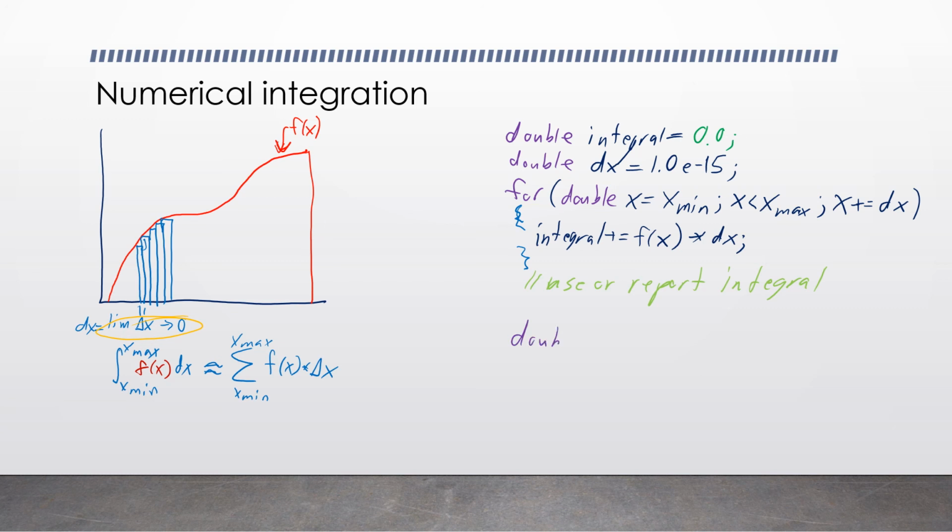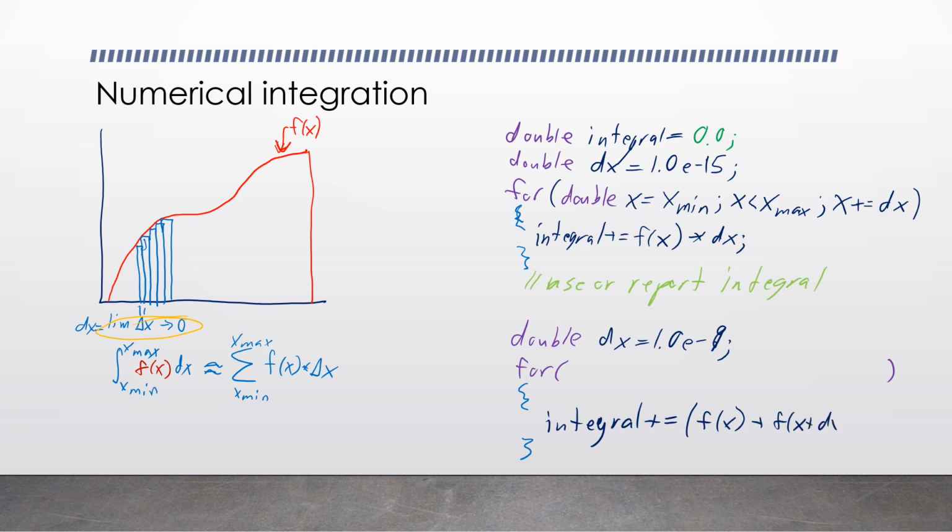We can get away with using a bigger step, 1.0e-6 or e-9 maybe, if we do trapezoidal integration instead, where we do the same stuff, but this time we say integral plus equals f of x plus f of x plus dx over 2.0 times dx.